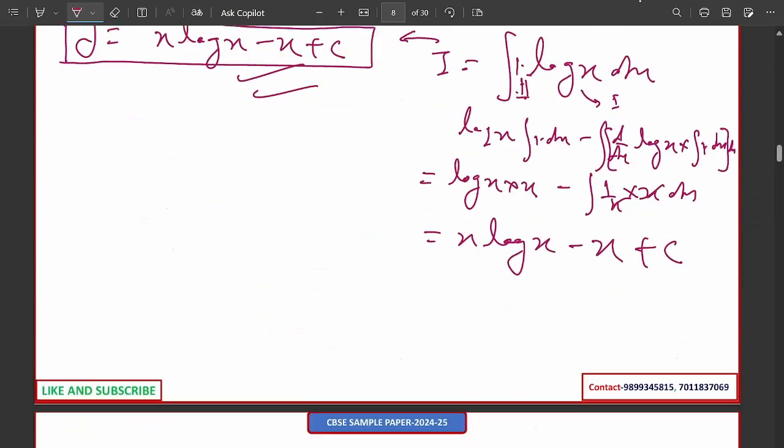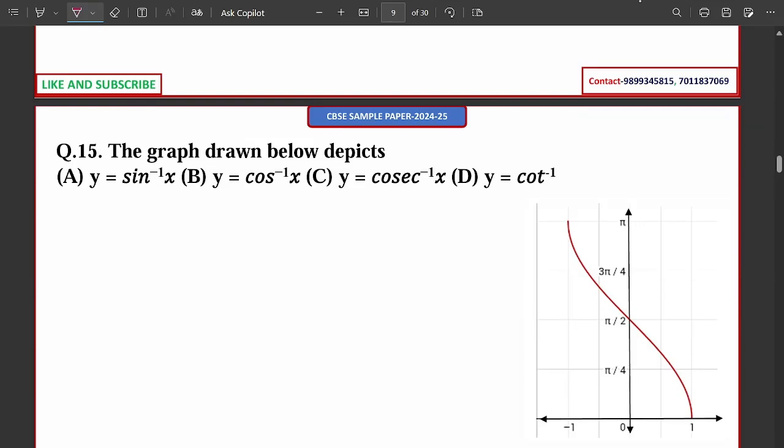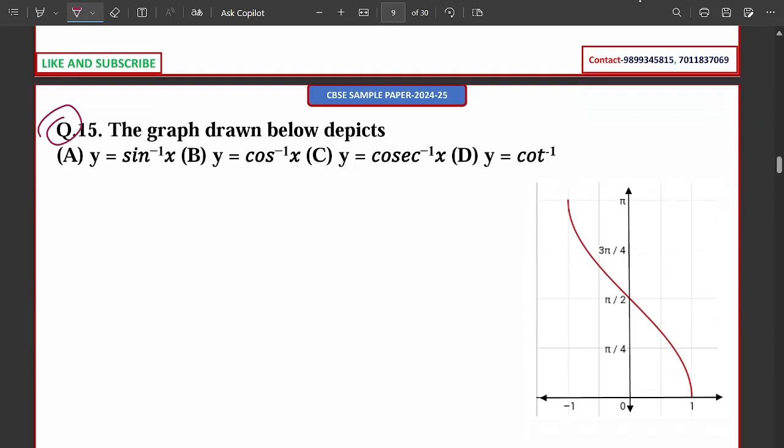Now let us understand the question number 15. So basically this is a 1. So the domain of this diagram will be, according to this diagram, the domain will be -1 to 1.